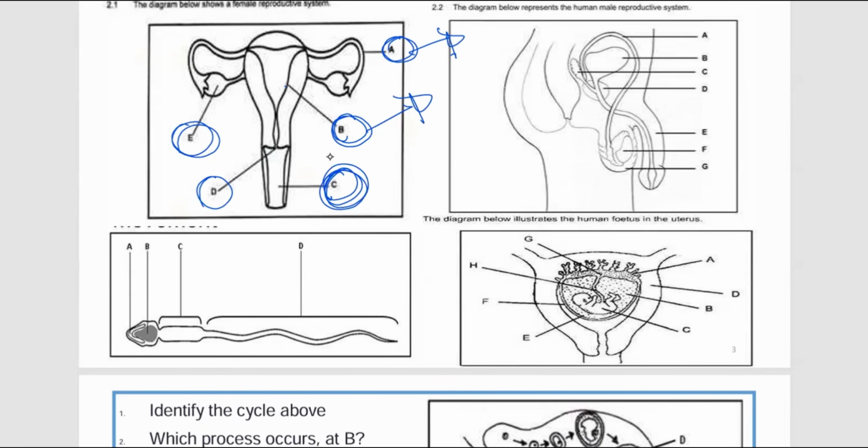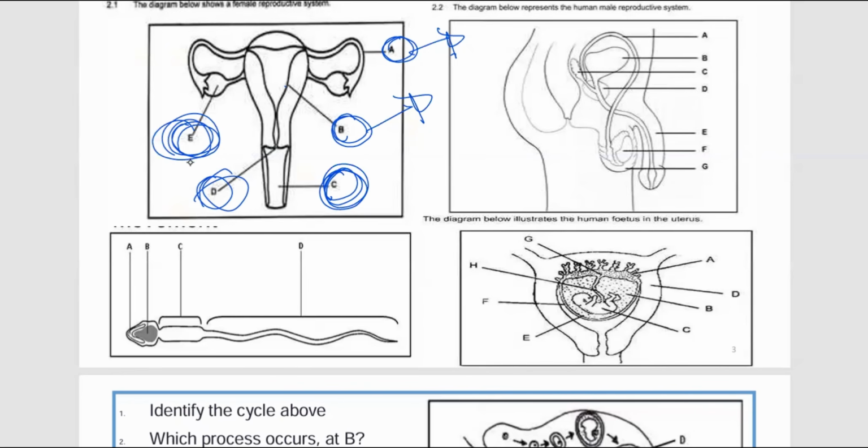Vagina, that's where the sperms are being poured, or is a passage for the baby during birth. Then you have the cervix. This one helps in the pushing of the baby. It opens so that it's able to push the baby during giving birth.